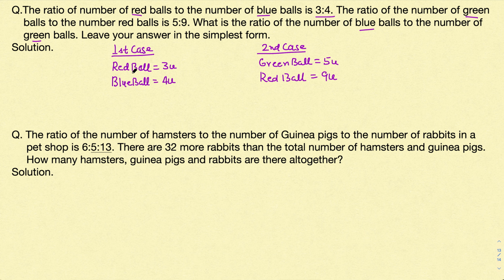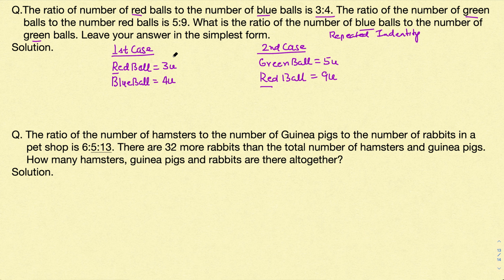Red ball is here as well as here. So basically here we have a case of repeated identity. This red ball is repeated in both the cases. These kind of questions are also called repeated identity, in which one of the quantities is repeated. Here in this case it's the red ball.